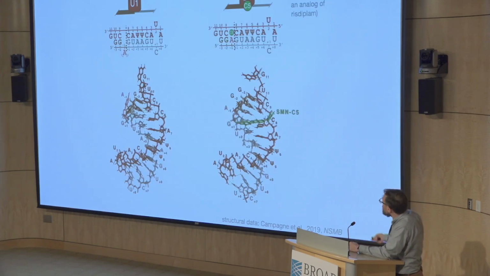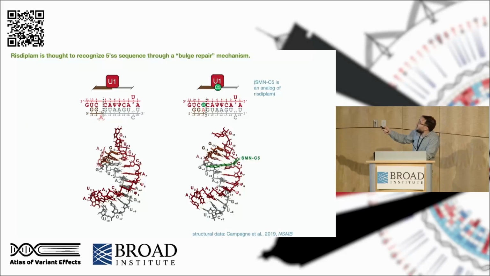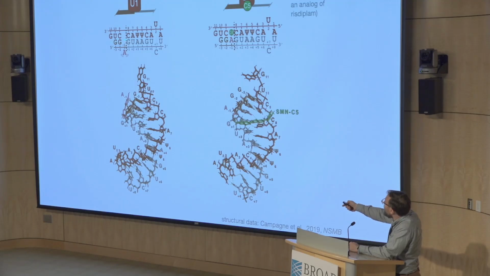Structural data from Frederick Allain's group has suggested this bulge repair mechanism. The 5' end of U1 forms an RNA double helix with the 5' splice site of exon 7. This mismatching causes a bulged adenine at position -1.